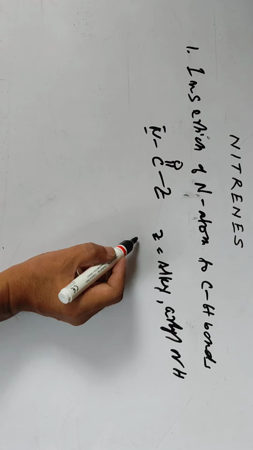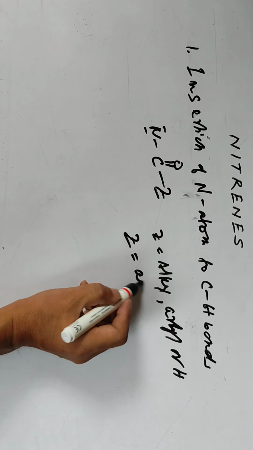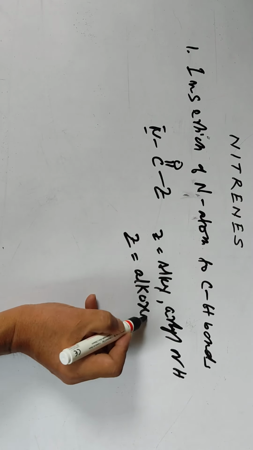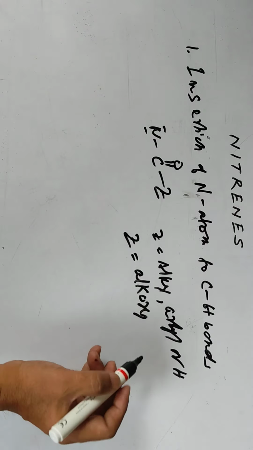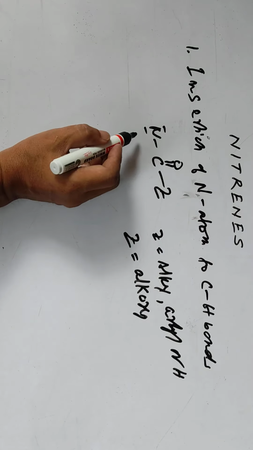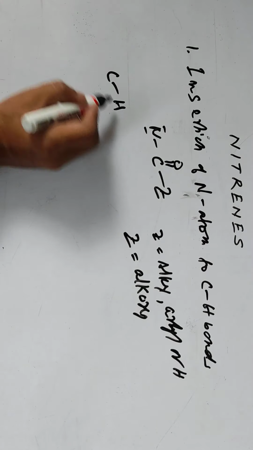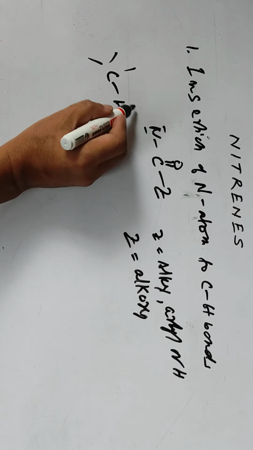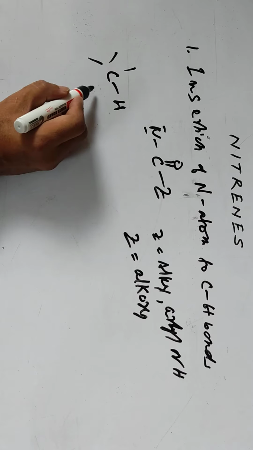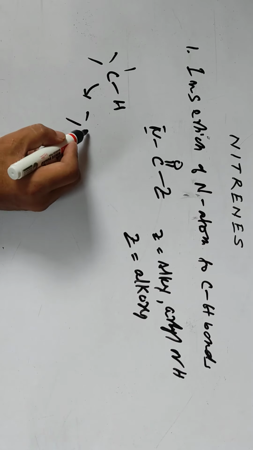If it is an alkoxy group, then the nitrogens can be inserted into this. If an alkyl group has the CH bond, and nitrogen is inserted into the CH bond, then we can have amides obtained. So when nitrogens are inserted here, between these two carbons, we can get C.